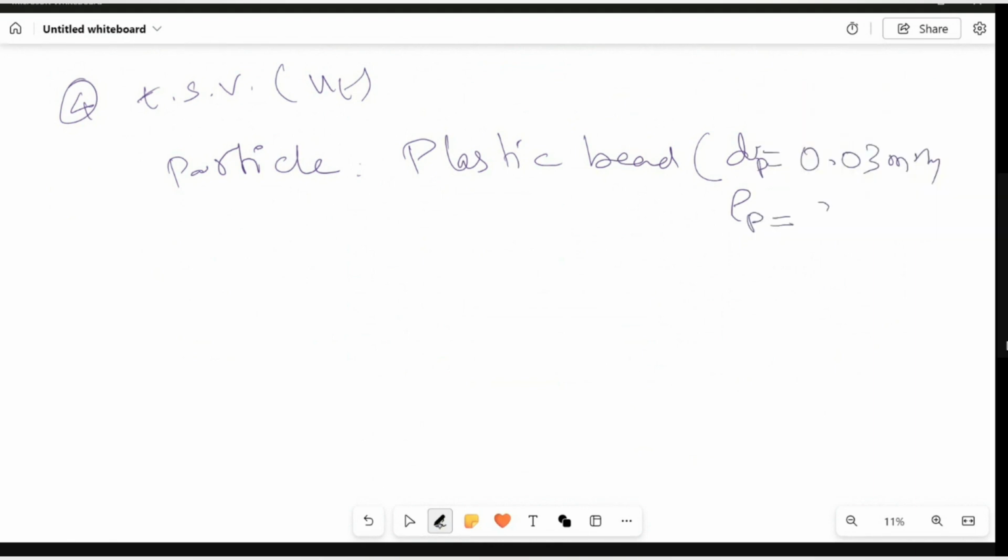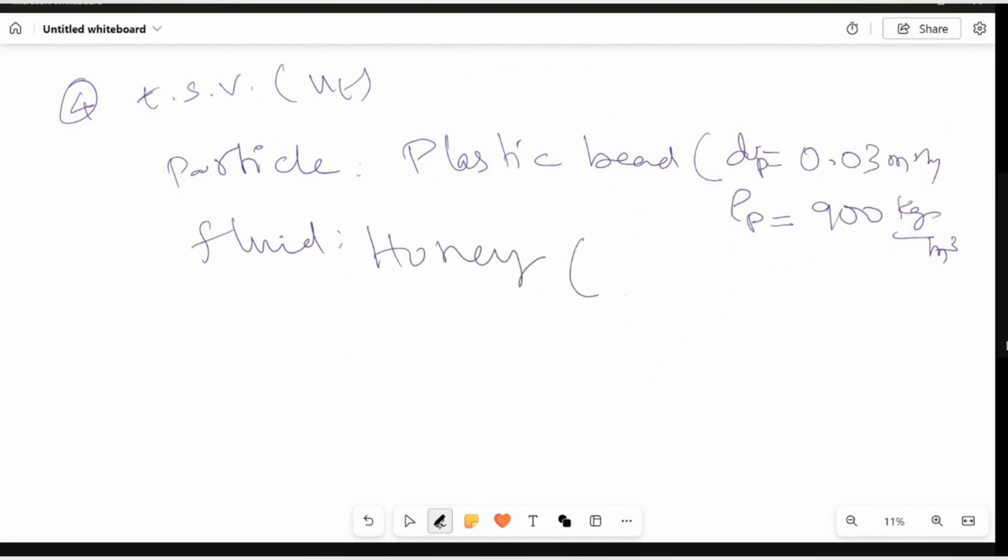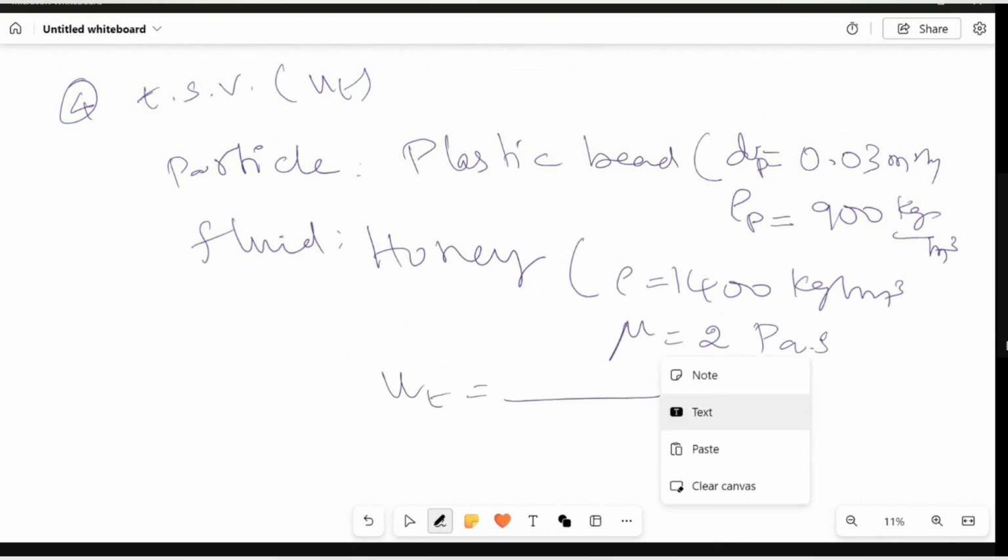Density of the particle is 900 kg per meter cube, and the fluid is honey with density 1400 kg per meter cube and viscosity 2 Pascal second. We will get UT in meter per second.